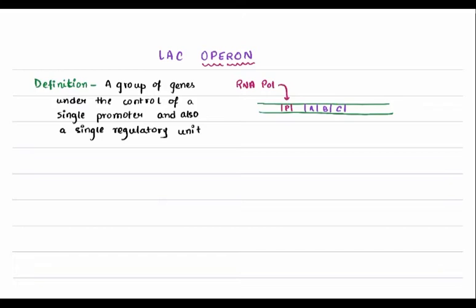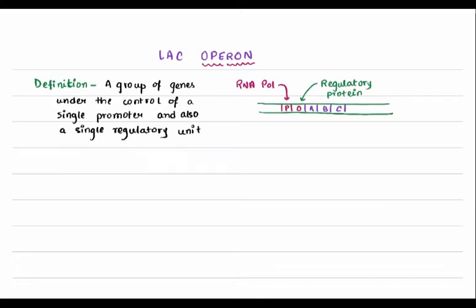And also, apart from the promoter, there is another element on the DNA which is called the operator element. Like on the promoter, the RNA polymerase binds; on the operator element, the regulatory protein would bind, and it would regulate the expression of the genes that are present in the operon.